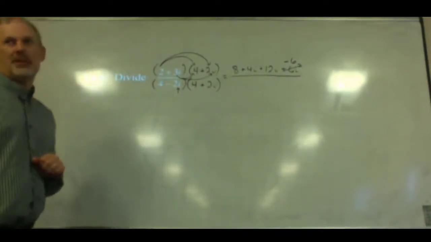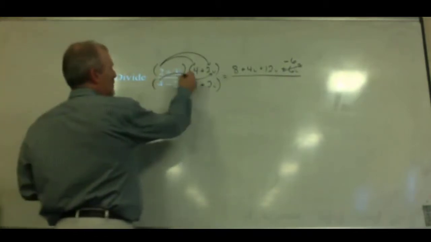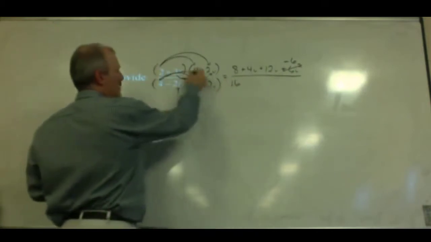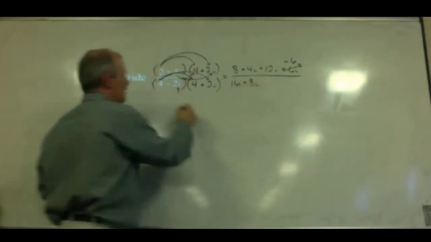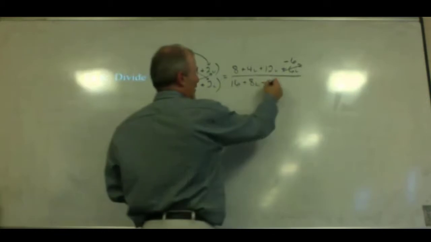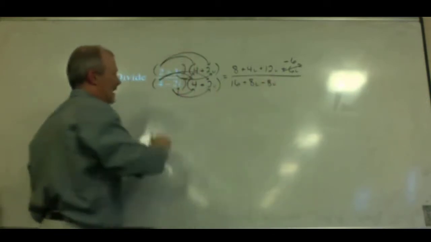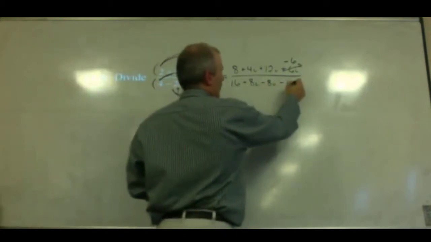On the bottom, again, you can use your pattern. I'm just going to go ahead and multiply it. So 4 times 4 is 16. 4 times 2i, 8i. Negative 2i times 4, negative 8i, and then negative 2i times positive 2i, negative 4i squared.